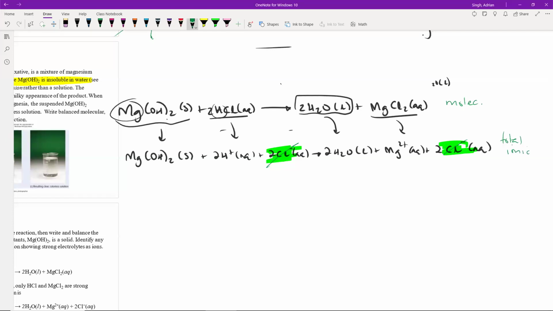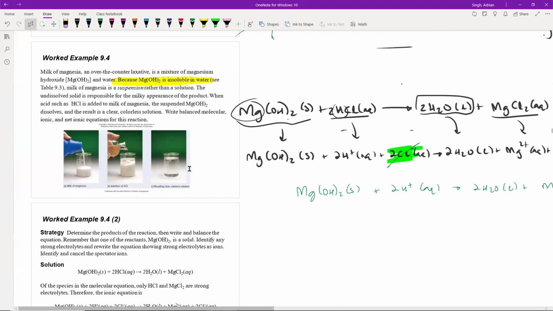When we cancel out the spectator ions, we're left with Mg(OH)2 solid plus 2 H pluses, which gives 2 H2Os, and we get Mg2 plus. This is going to be a net ionic equation. Obviously, we don't just get our salt and water in this case because our original compound was a solid to begin with, but we do have something very similar to what we talked about previously.